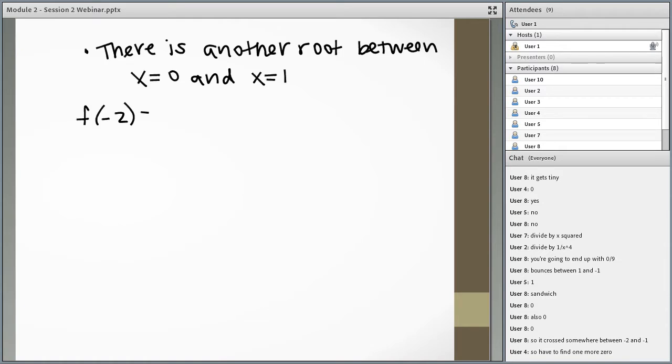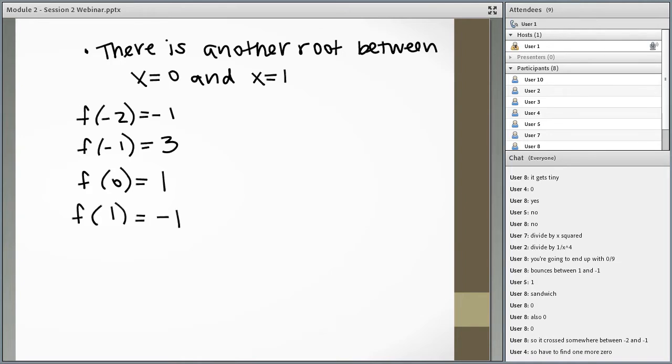So far we found that f of negative 2 is negative 1, f of negative 1 is 3, f of 0 is 1, and f of 1 is negative 1. So from here to here there was a 0. From here to here, nothing happened. But from here to here there was another 0.